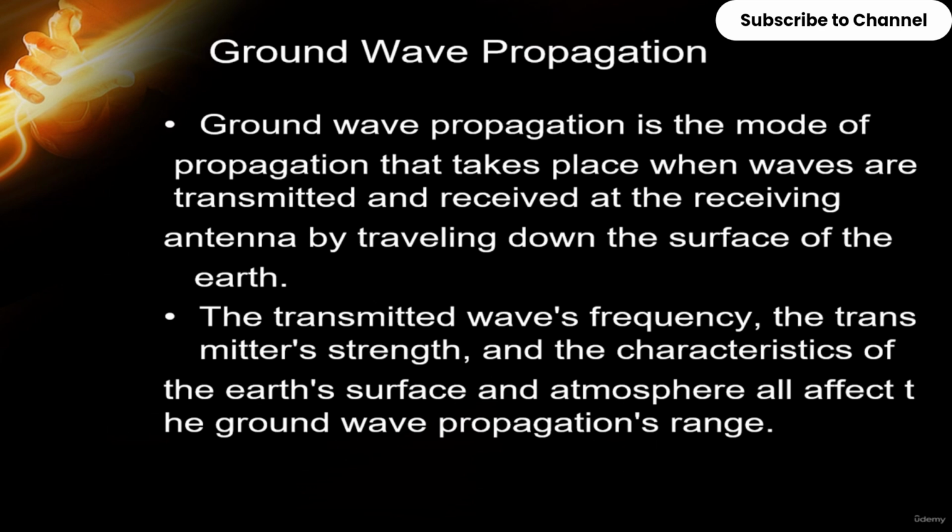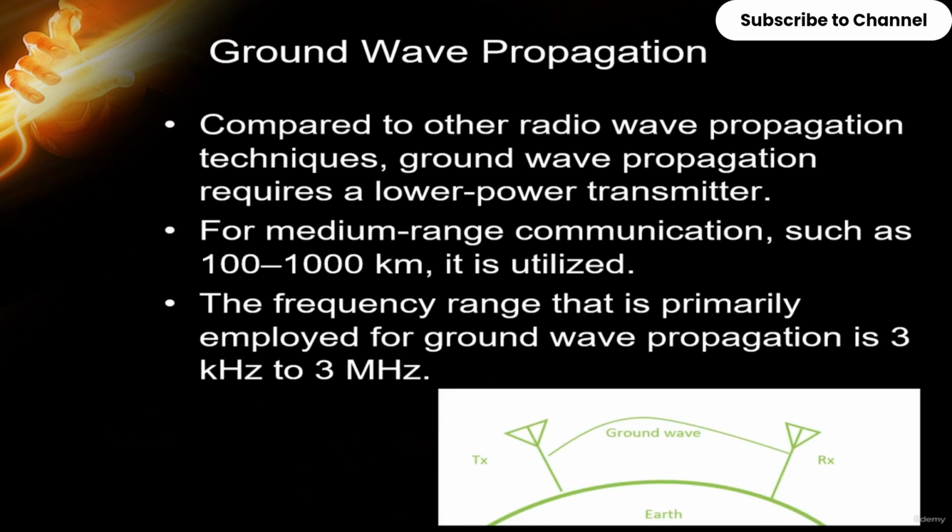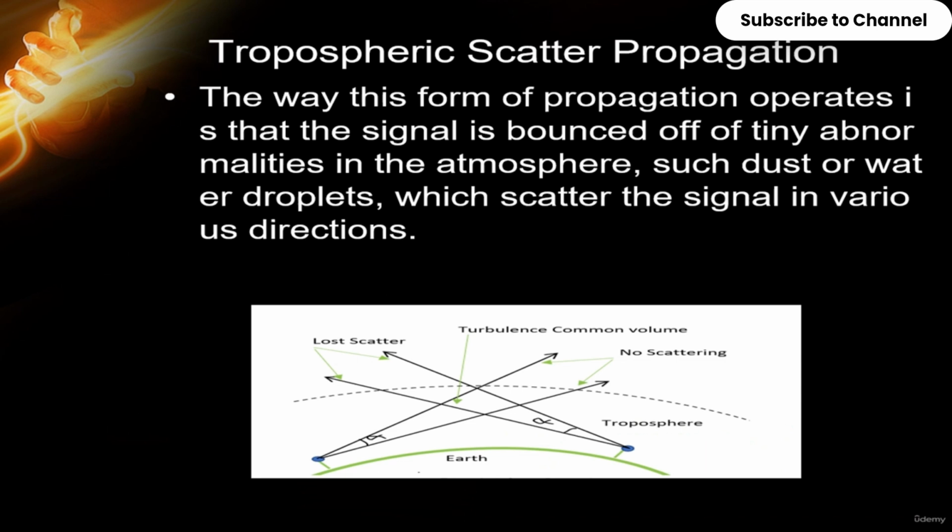Here you can see in this diagram the earth and the ground wave. It is a very small range of 100 to 1000 kilometers, and the frequency is also very minimal, where 3 kilohertz to 3 megahertz is used. Now we will see further transmission of radio waves, like tropospheric scatter transmission.